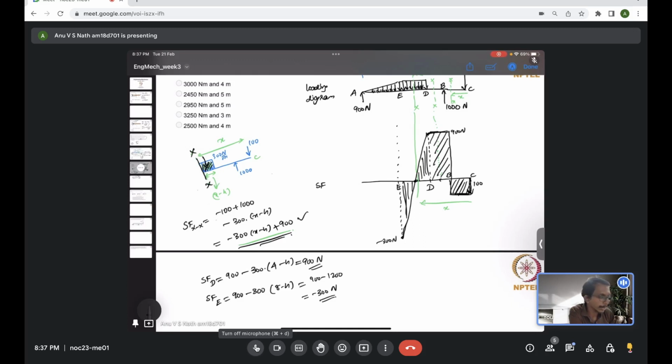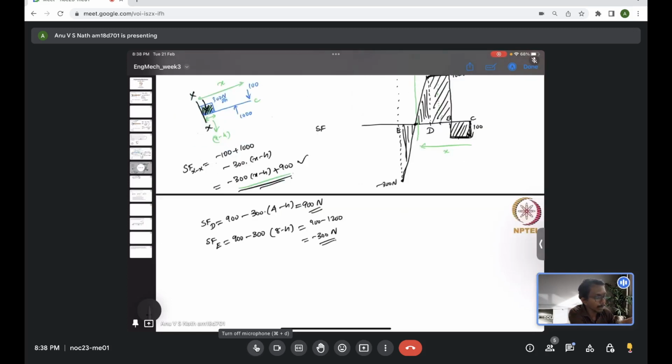That is a point of relevance, because shear force is basically the slope of the bending moment. So when it is 0, the bending moment becomes an extremum, either maxima or minima. In this particular case, we will see this is a location where the bending moment becomes maximum, and so this location is actually of importance.